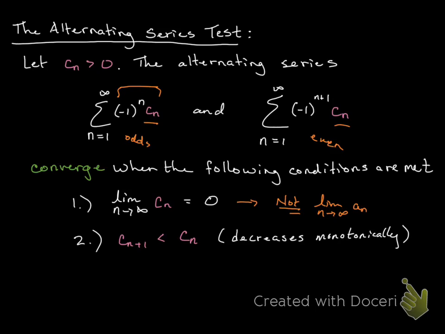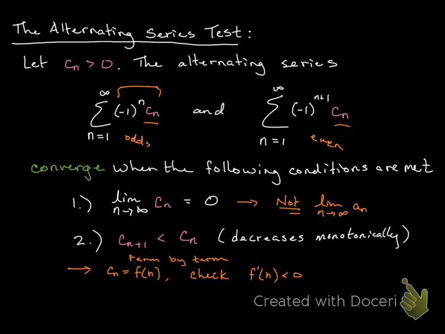That's what this is called, term-by-term. We can also relate this to the derivative. If C sub n is f of n, then we can check that f prime of n is negative. That's another way to determine if a sequence is decreasing. We look at the derivative of that C sub n.